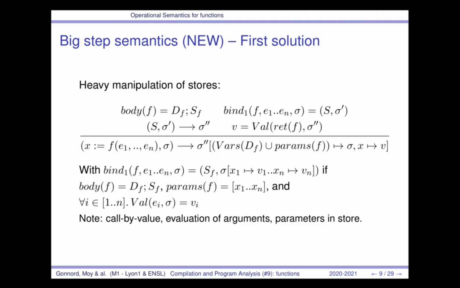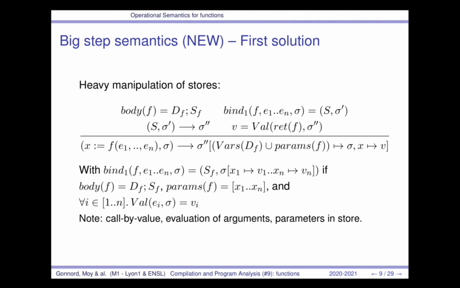In all the rules I will present in the following, I will use some generally defined functions called bind. Bind is a primitive that creates an execution environment corresponding to the function. Here we have bind one because we have several in the rest of the course. This first one will take the name of the function, a set of expressions, and a store, and it produces a statement and a new store.